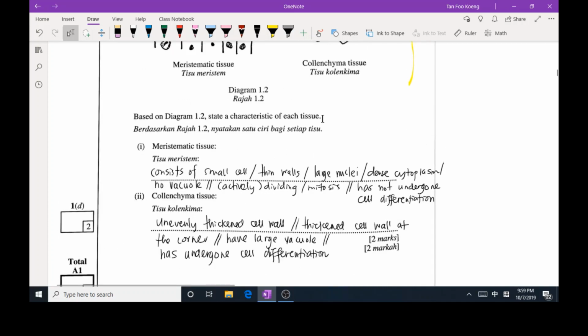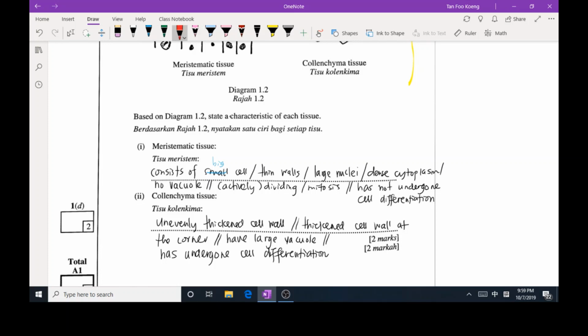Now, you might ask me, what if I write two characteristics out? I'm sorry, we are going to mark the first one. Let's say in your answer script, you mention that the meristematic tissue consists of big cells, and again you are not sure, so you write a second answer. You say that the tissue has thin cell wall.